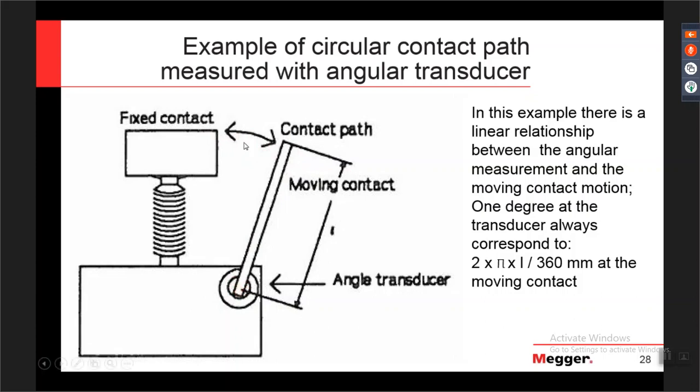So in this case, you can calculate the travel in millimeters along the circumference of the contact path by using pi and so on. Yeah, quite simple.